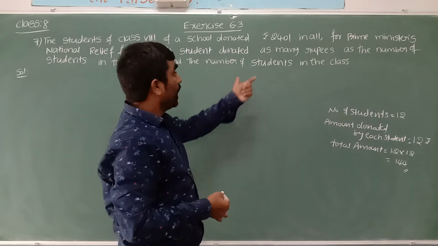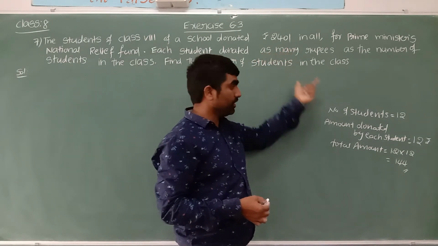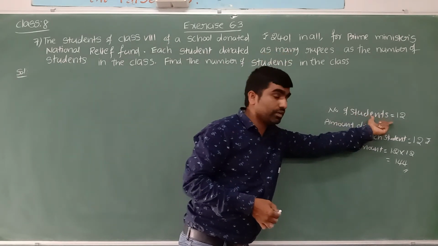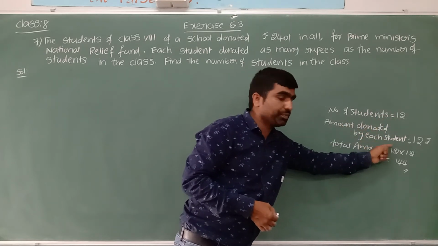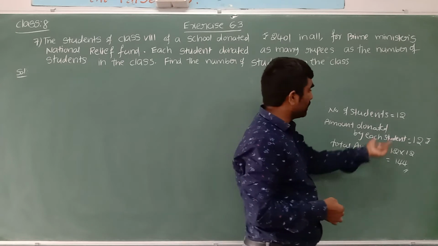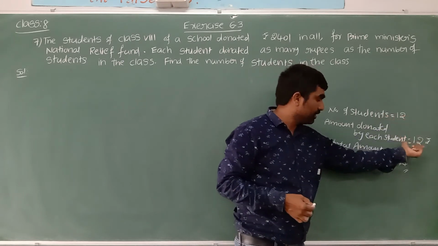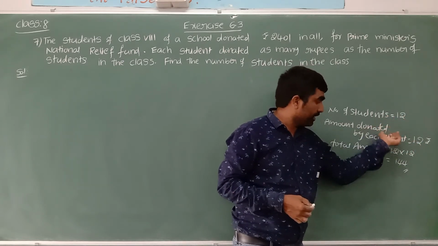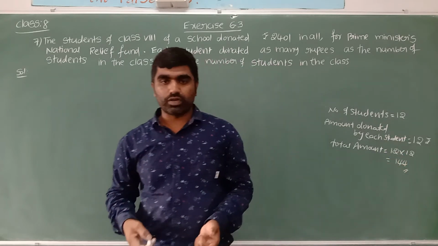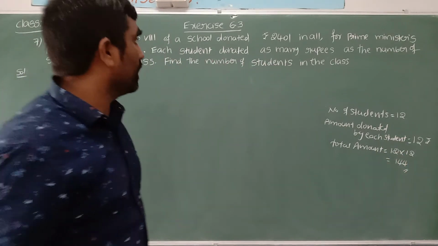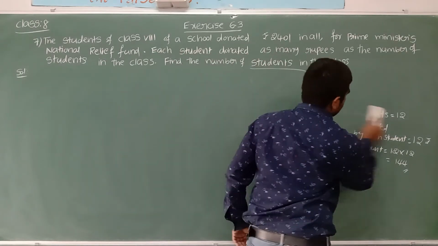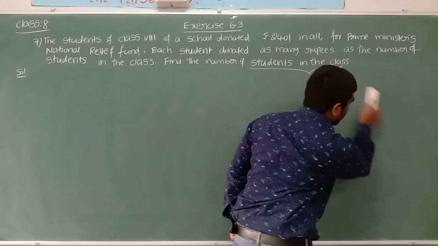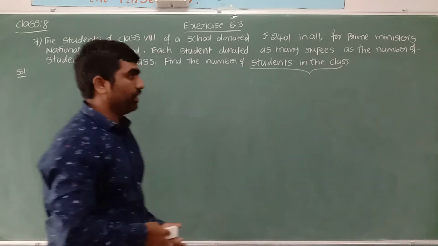But we don't know how many students there are. If we know the number of students, the same number is the amount donated by each student. So the unknown value is the number of students in the class.